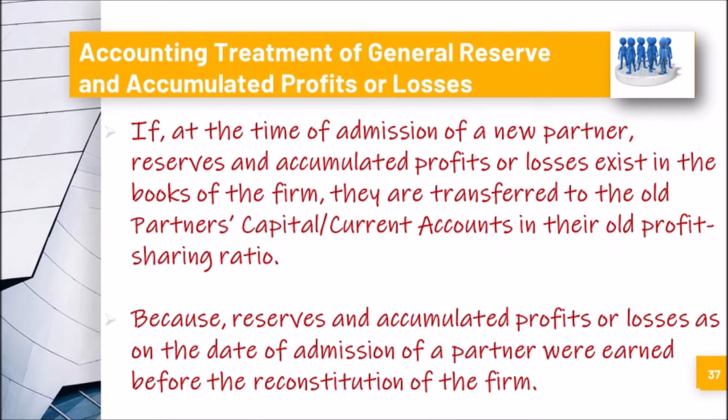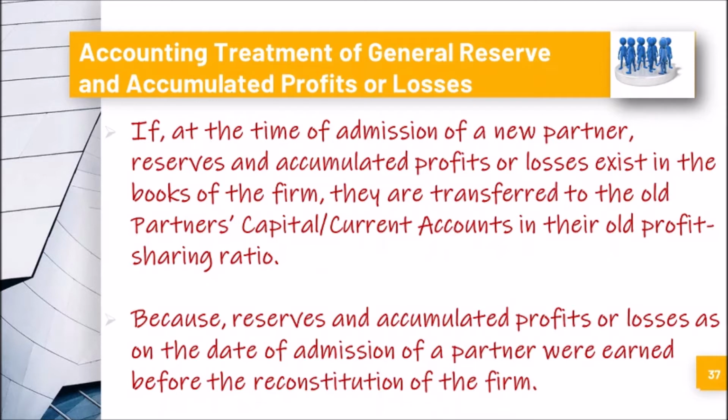Always keep this in mind. So let's move further. If at the time of admission of a new partner, reserves and accumulated profits or losses exist in the books of the firm, they are transferred to the old partners' capital or current accounts in their old profit sharing ratio.